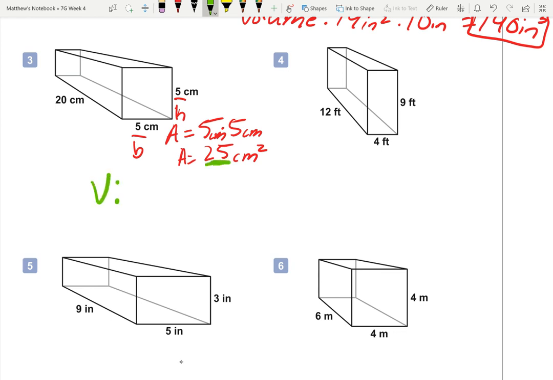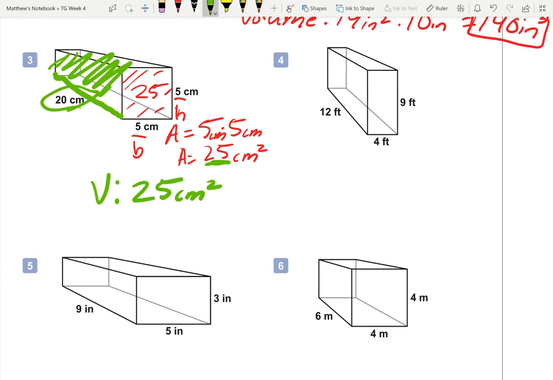We're going to take 25 centimeters squared and multiply it by our length here. So again, this was 25 for the area of this square here. And now we're going to multiply it by 20 centimeters to figure out what the total volume of this entire figure is.